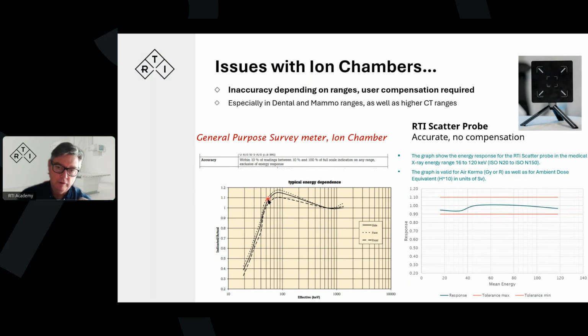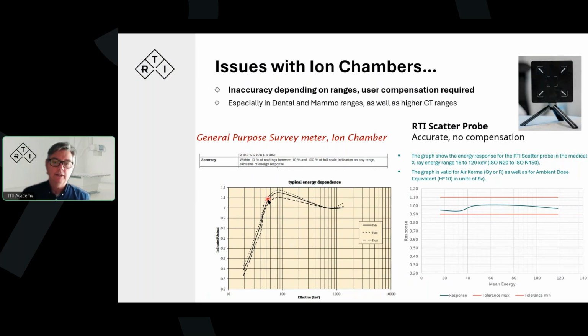To compensate for this, we need to know the keV, which is the mean energy of the spectrum. To do that, we can simulate and look up: we've got a CT scanner here, typically the total filtration is 8 millimeters, the anode angle is 7, and then we can simulate and see the expected mean energy of that spectrum.